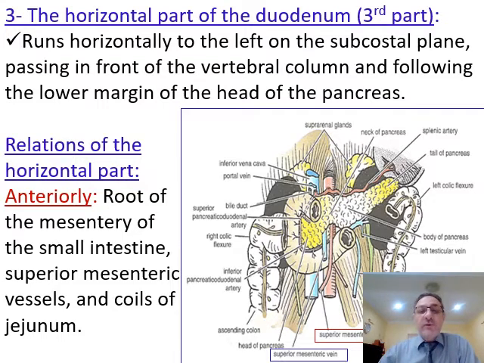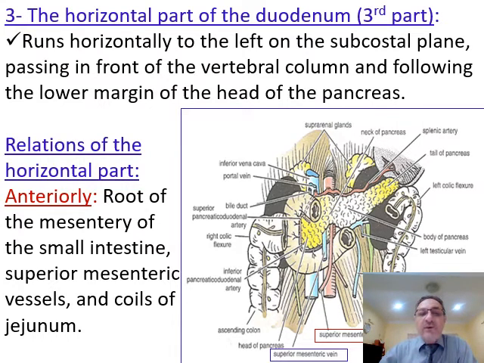Then this is the horizontal part. It's about 7.5 centimeters. The descending part is about 10 centimeters. The transverse part is the longest part of the duodenum.